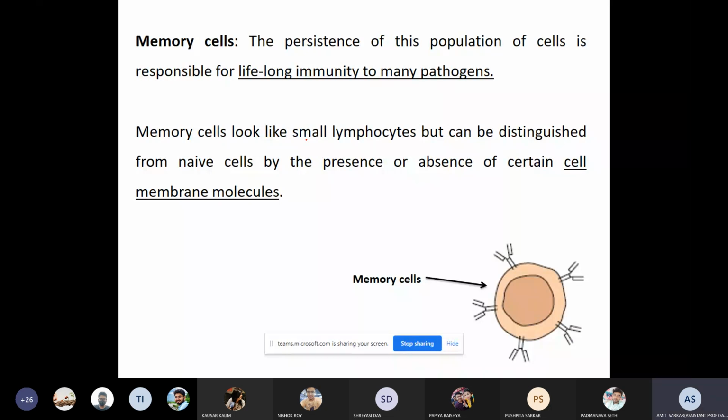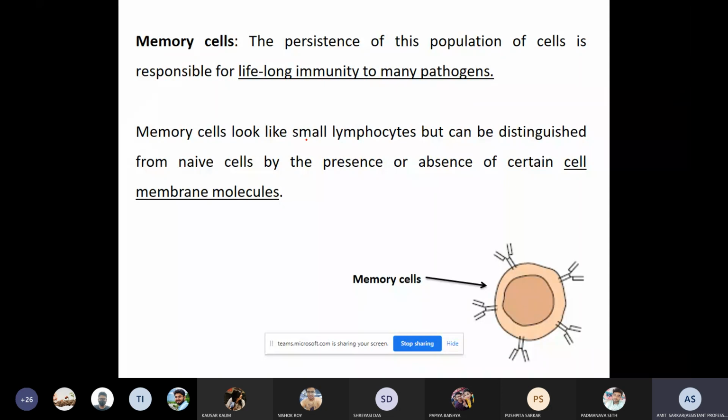So under the microscope, it sometimes could be difficult to understand whether you're looking at a small lymphocyte or the memory cell. But if you do some biochemical study or other type of study, then based on the presence or absence of some kind of cell membrane molecule, you can say for sure that, well, this is a memory B cell, or this is actually a small B lymphocyte.